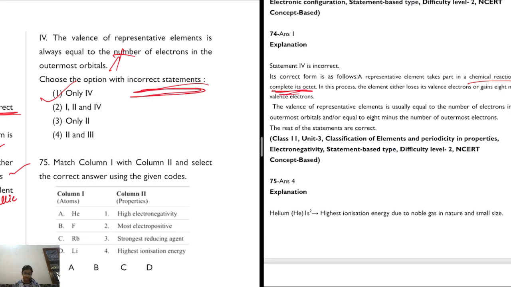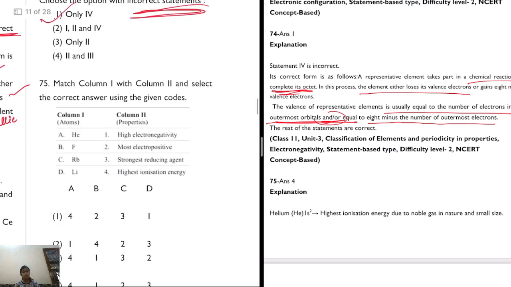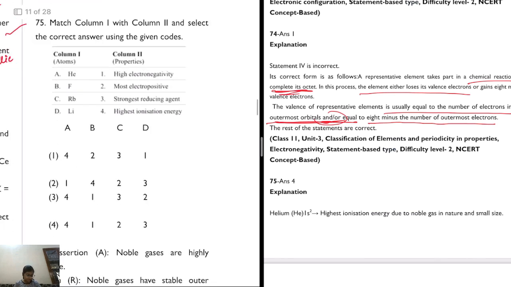So in this process, the element will either lose or gain electrons. So it is usually equal to the number of electrons in the outermost orbital, or equal to 8 minus the number of outermost electrons. Okay, so it needs to gain stability. It will either lose or gain electrons, which will be counted differently from the valence electrons. Let's see the next question.